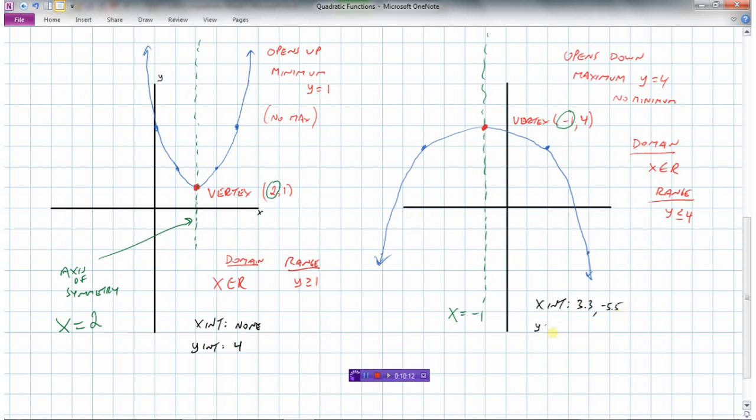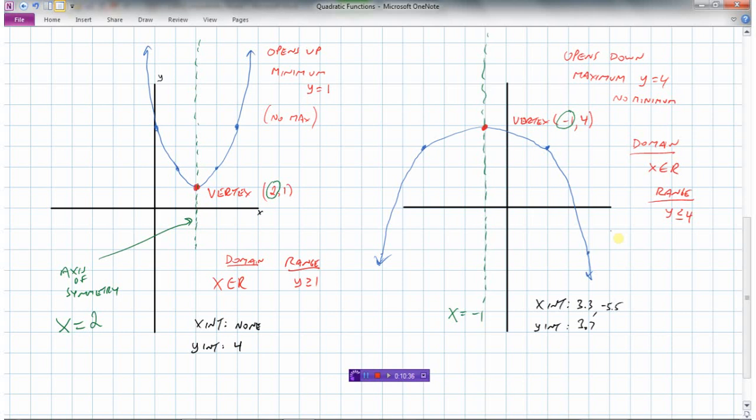And the y-intercept, again, we're going to have to approximate it. Maybe 3.7. So we can approximate the x-intercepts and the y-intercepts from the graph. Now, if we actually had the equation, which we don't here, then we could use algebra to find the x-intercept and the y-intercept.